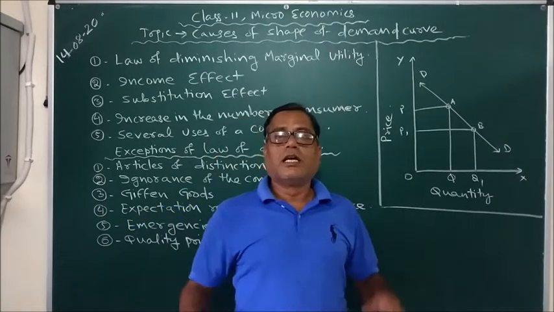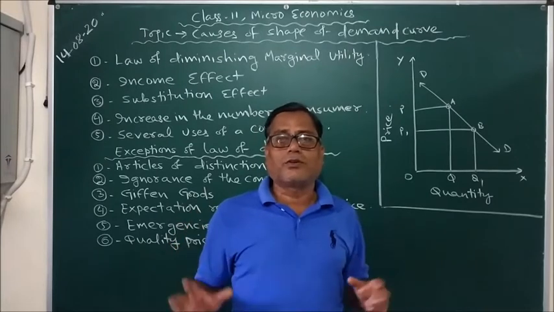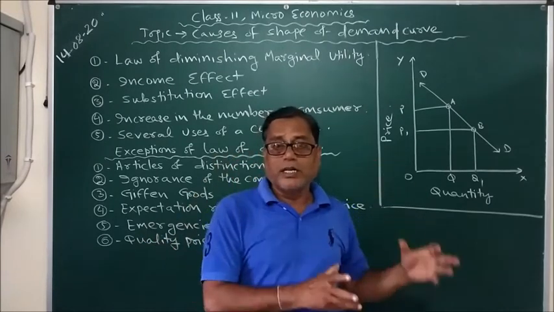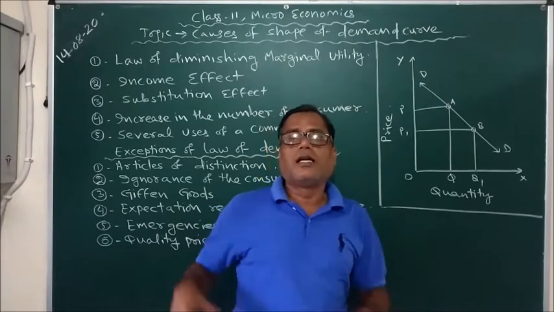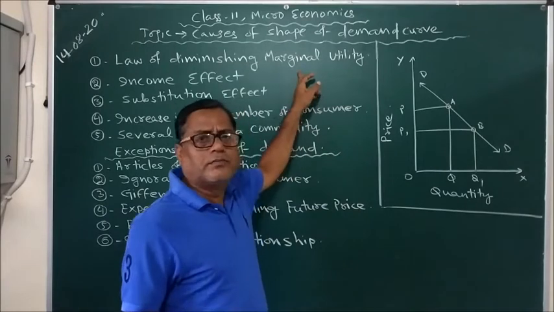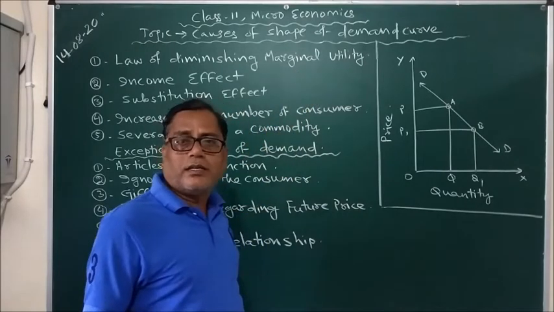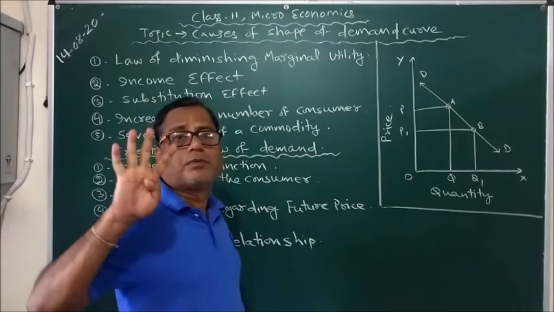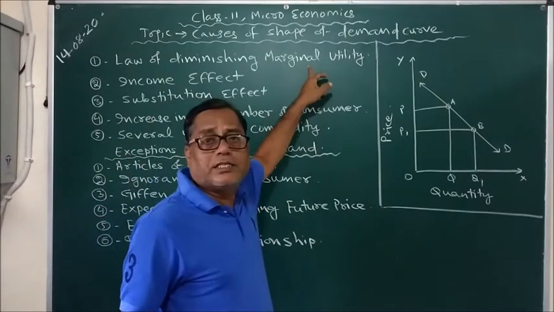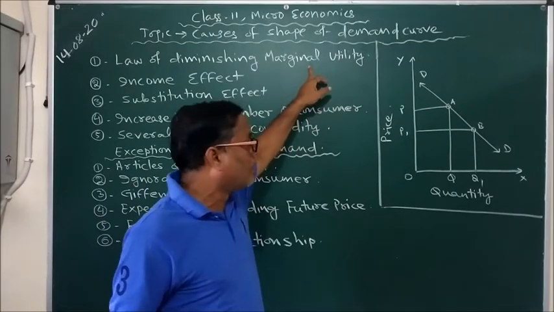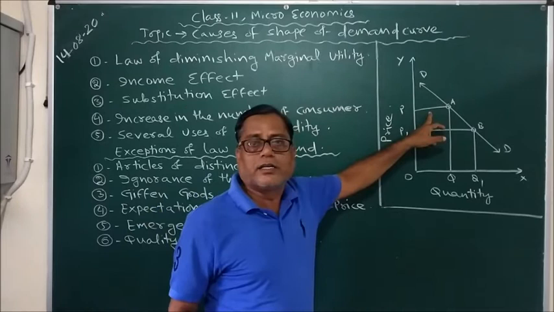That means a consumer always tries to make the marginal utility of consumption equal to the price of the good. So now you understand. Suppose when the consumer is consuming the fourth unit of the good, his marginal utility and the price are equal.